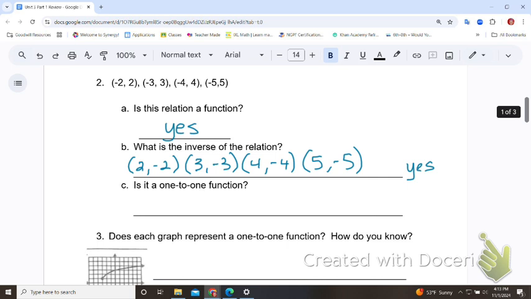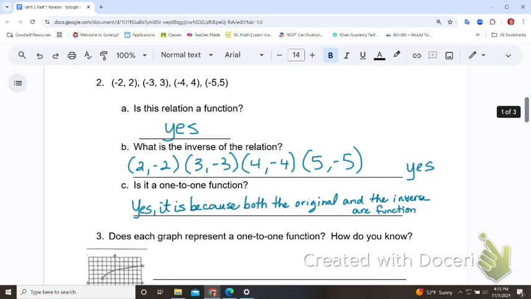And then is the original relation a one-to-one function? And we would say yes, it is, because both the original and the inverse are functions.